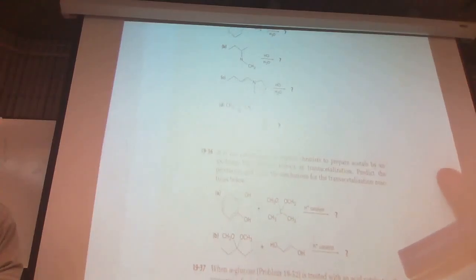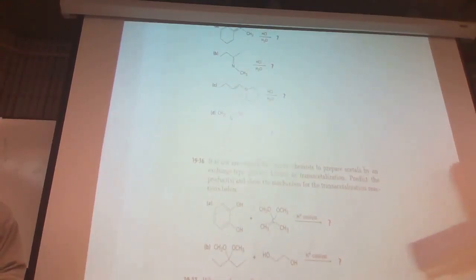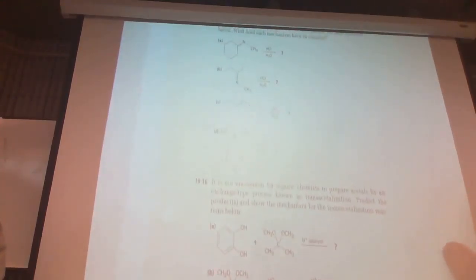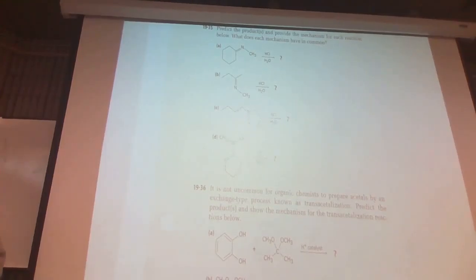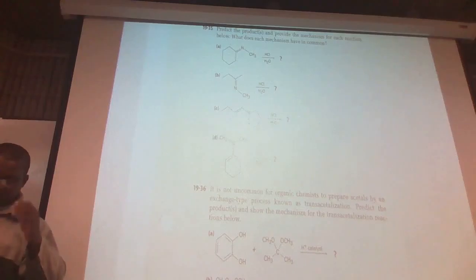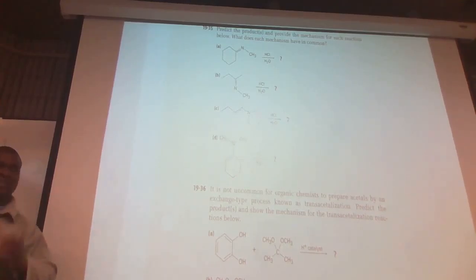Alright, I like this question here. 1935. Well, they're the same, but look at A for example. So what do you guys think of that? What do you think you form?